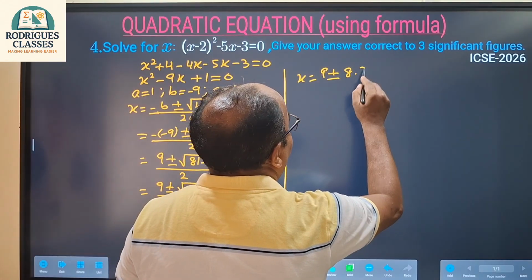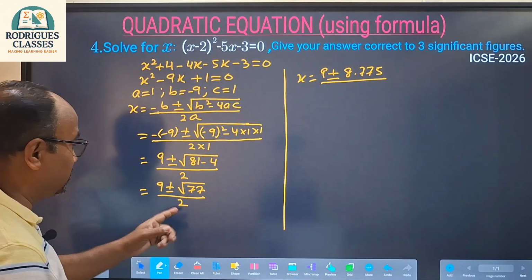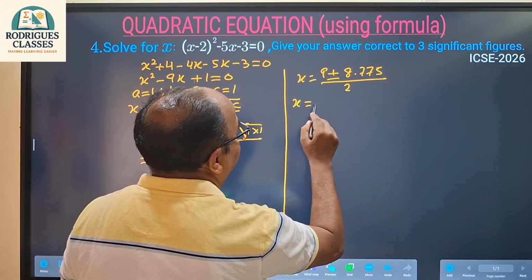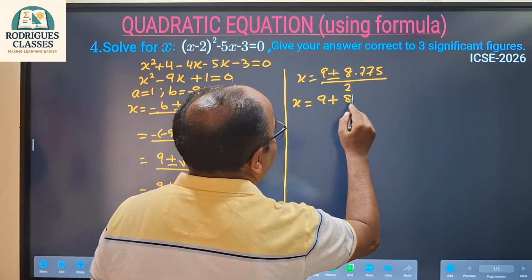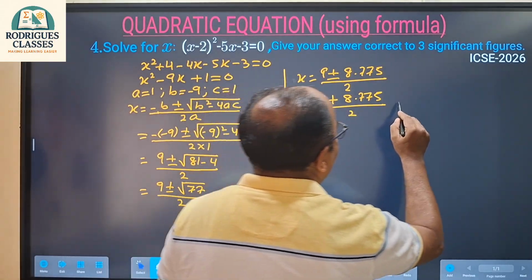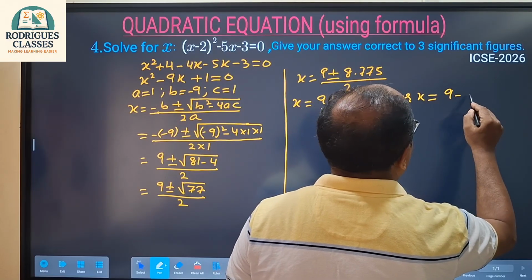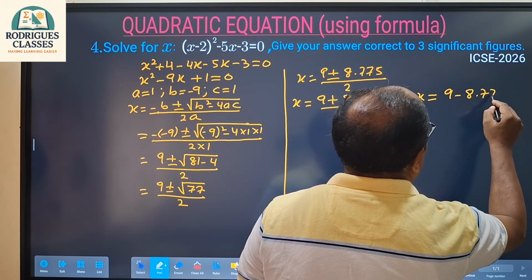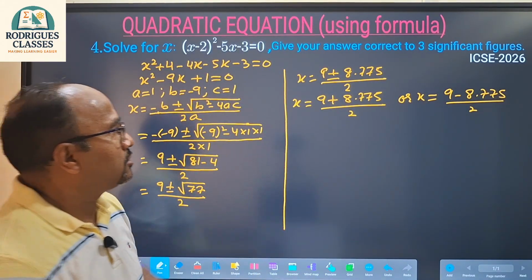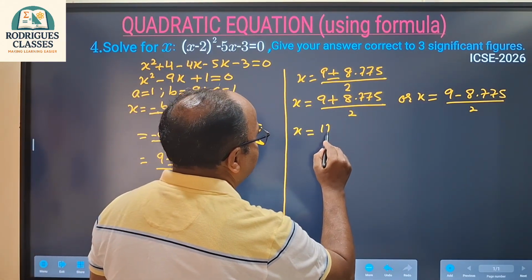So 8.775 divided by, this is your 2. So 2 written here. So we will separate it now. 9 plus 8.775 divided by 2, or x is equal to 9 minus 8.775 divided by 2.